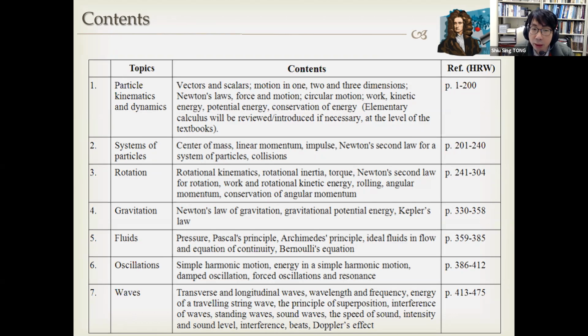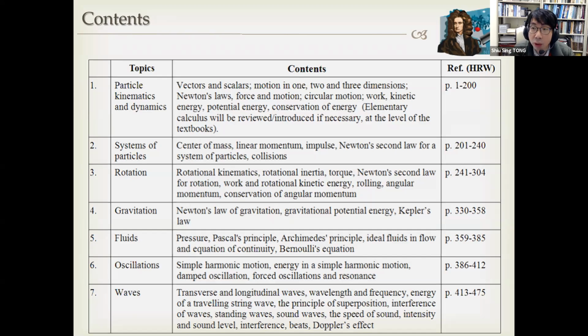And we also discuss work and energy in rotation and how a body rolls on a surface. And also we discuss an important quantity called angular momentum. This is the counterpart of linear momentum. Linear momentum deals with rectilinear motion, while angular momentum deals with rotational motion.